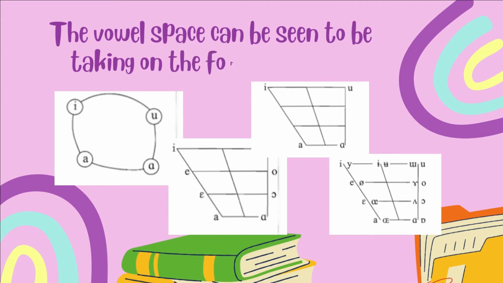The vowel space can be seen to be taking on the form of a grid. The eight reference vowels are known as the primary cardinal vowels. Cardinal in this sense refers to points on which the system of description hangs.